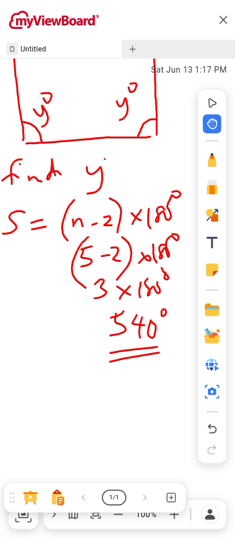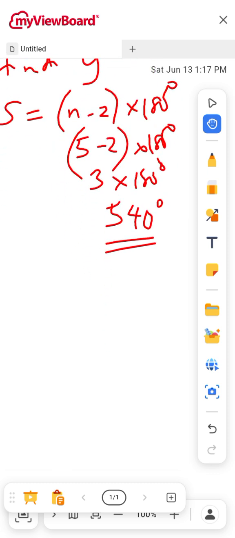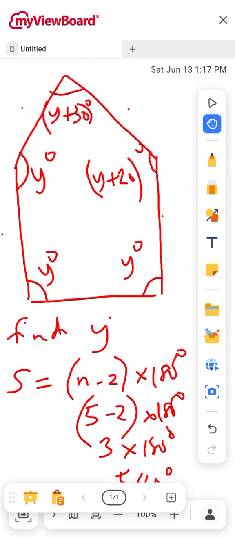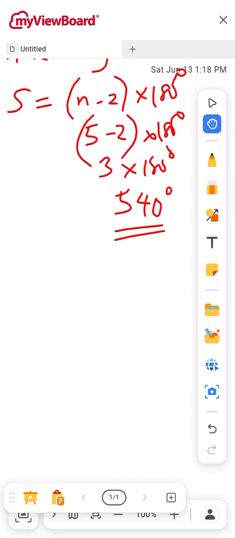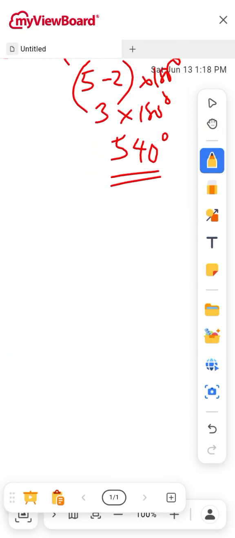And I'm going to add everything together. Let us look at the shape one more time. y plus 20, y plus 30. Okay, so we have y plus y plus another y.